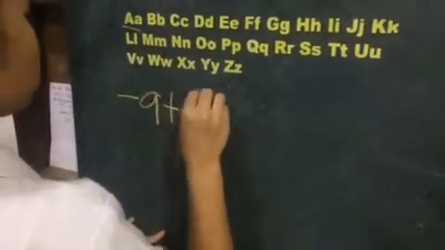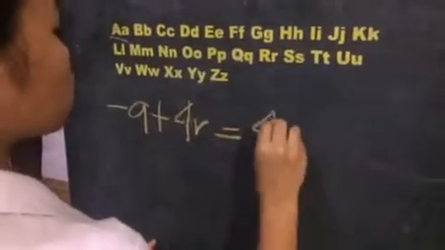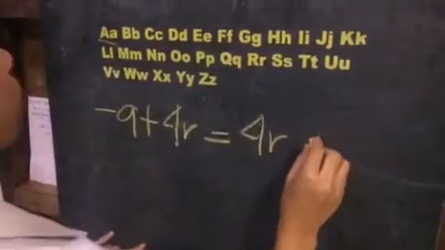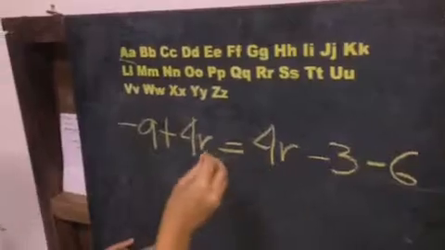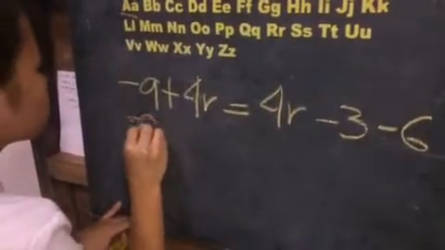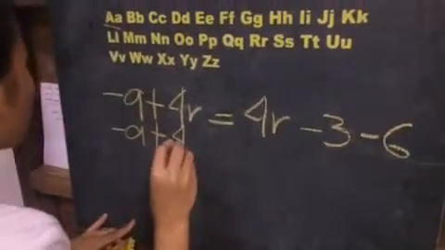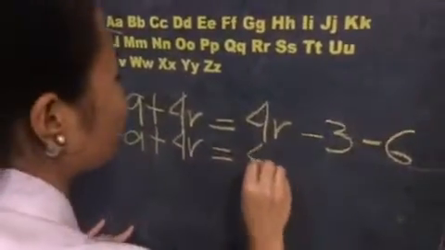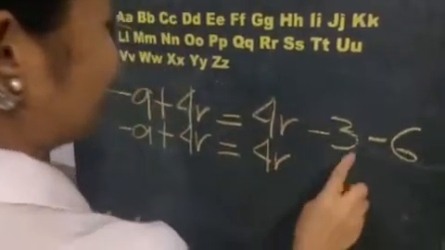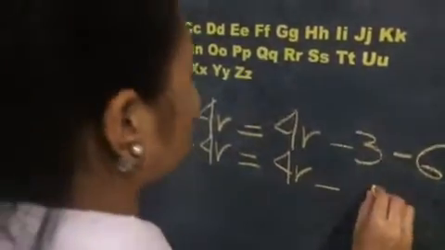So our next equation is negative 9 plus 4r is equal to 4r minus 3 minus 6. Since negative 3 and negative 6 have the same sign, we will add them. So negative 9 plus 4r is equal to 4r, and the negative 3 and negative 6 will become negative 9.